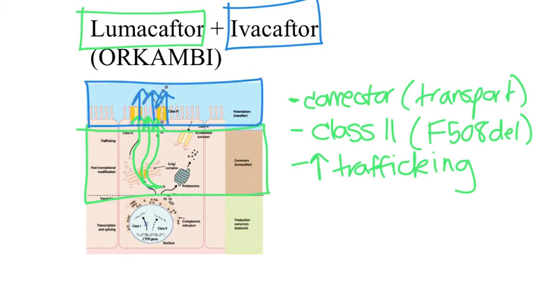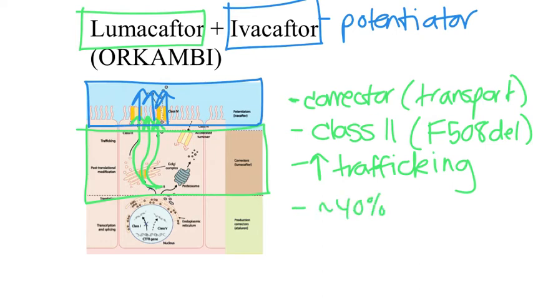And therefore, together, lumacaftor and ivacaftor both rescue channel trafficking and channel functioning. Orkambi is indicated for patients who are homozygous for the F508 delete mutation over the age of 2. This equates to approximately 40 to 50% of patients with cystic fibrosis.